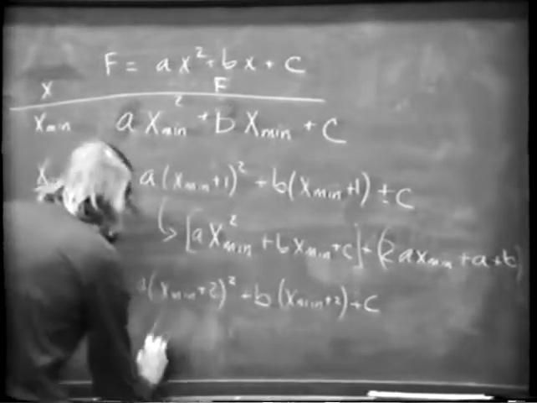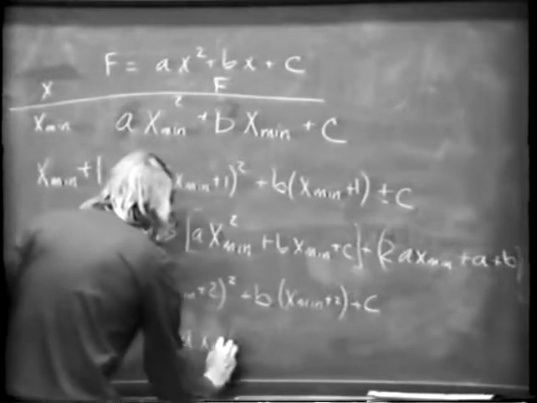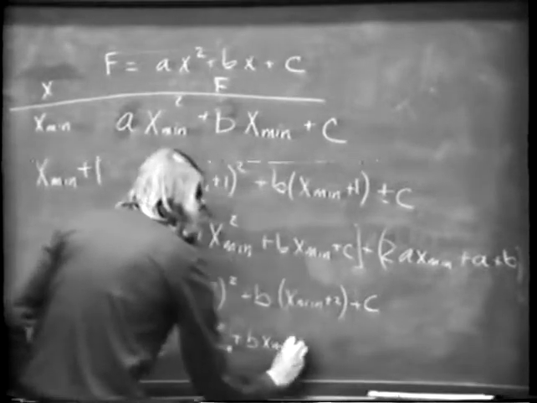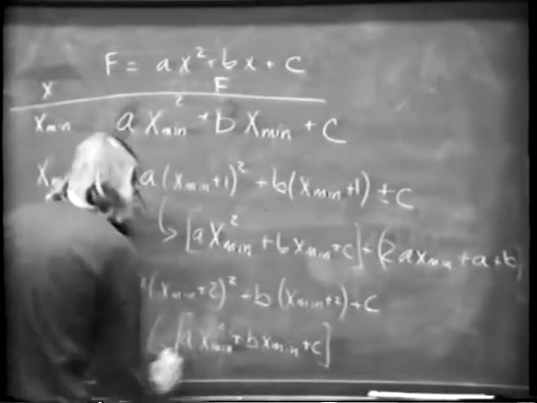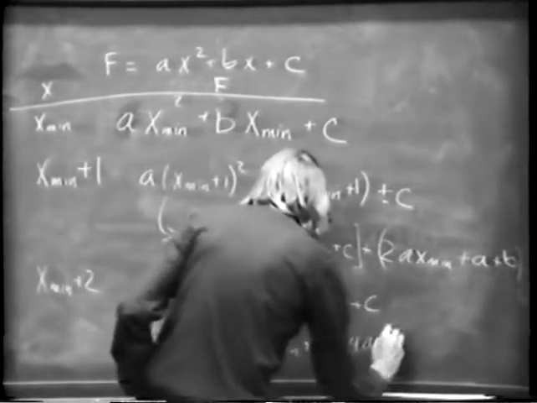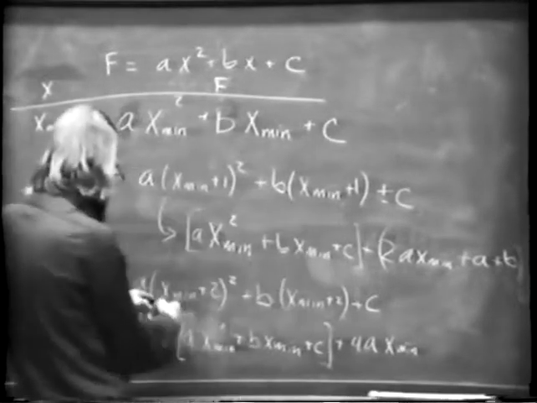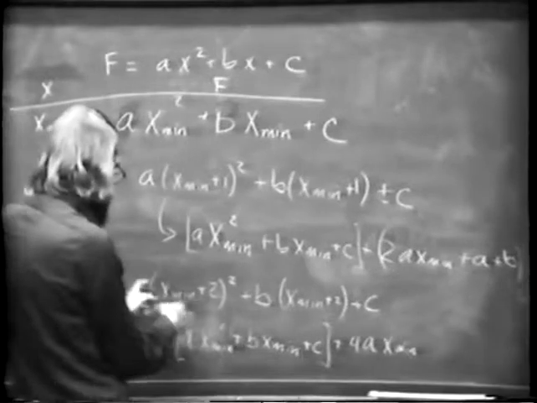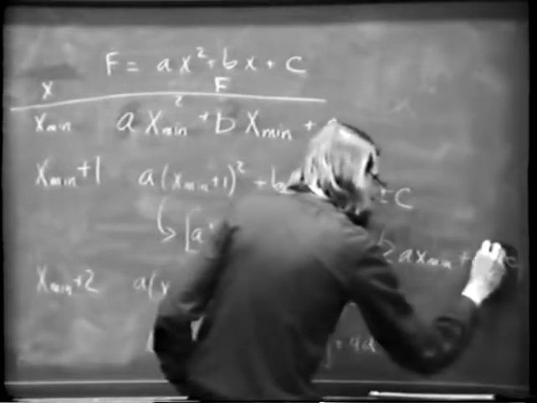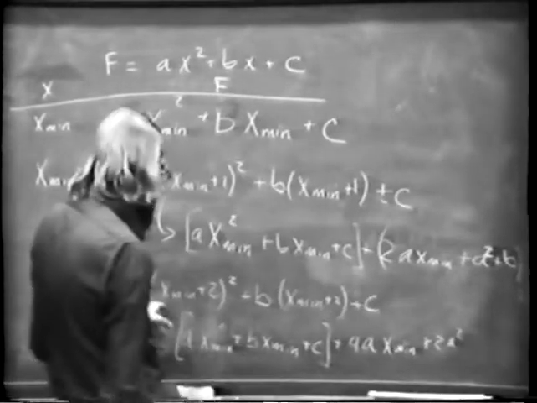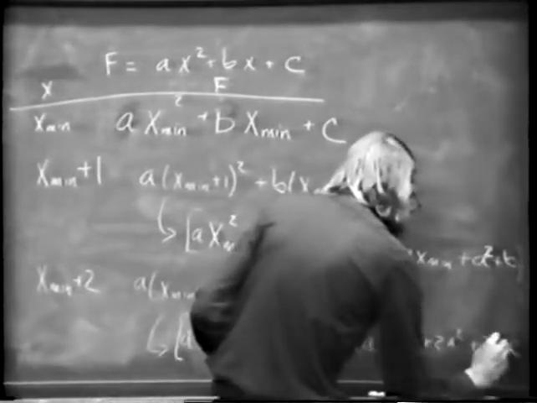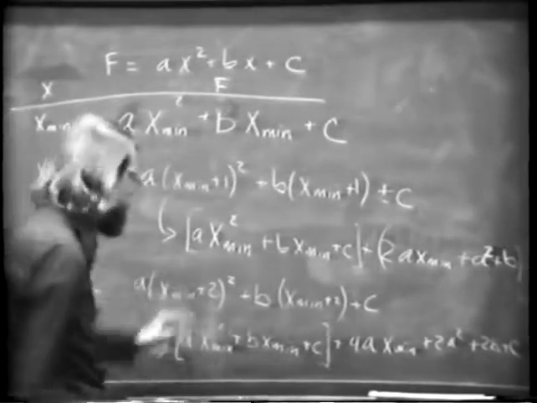Do a little bit of algebra on that, and we get plus, what, 4ax min? Plus 2a squared here, I believe, plus 2b plus c. Is it? 4a squared, that sounds reasonable.